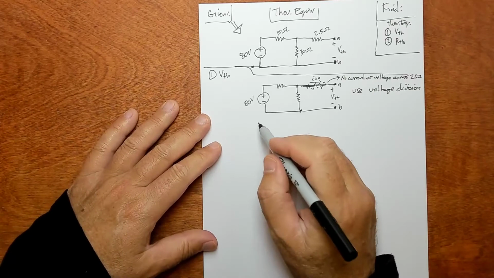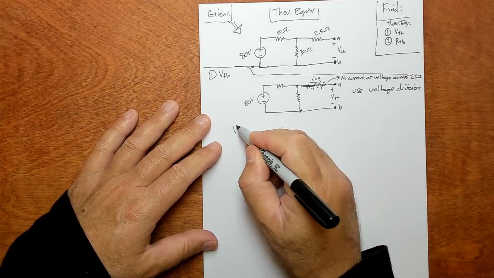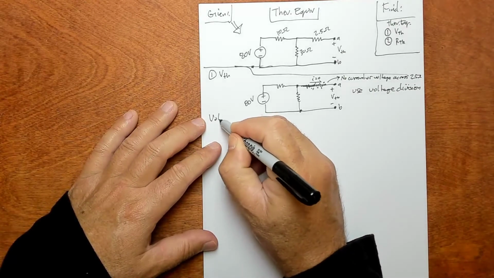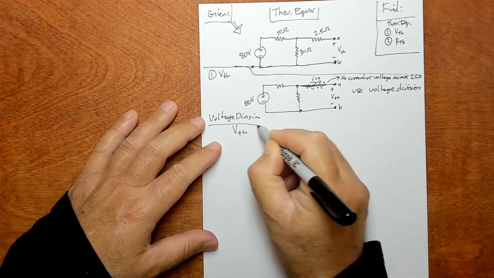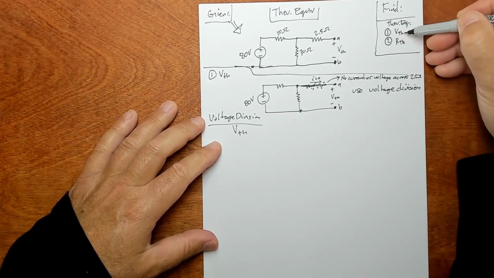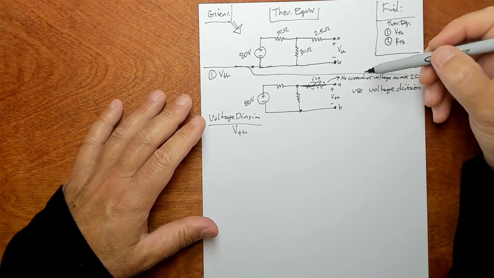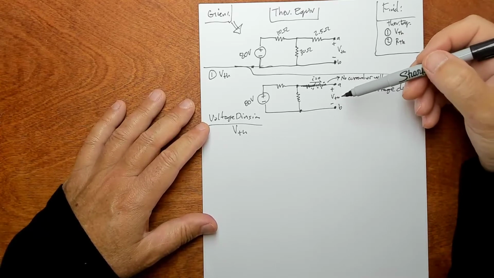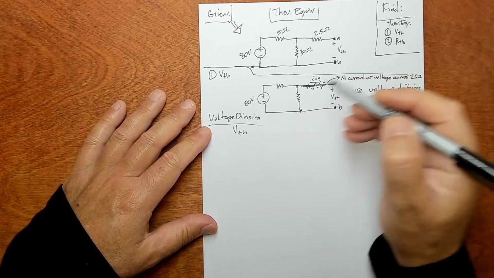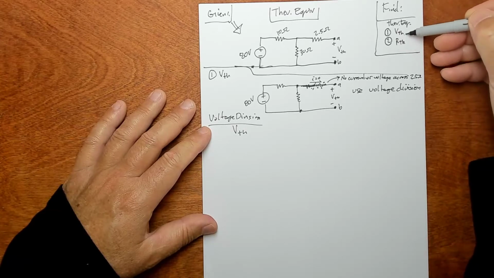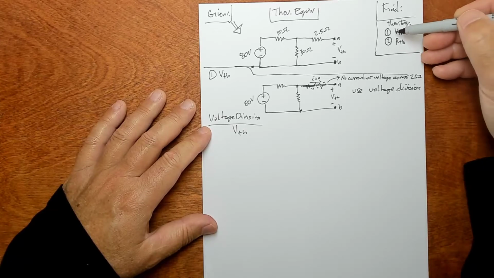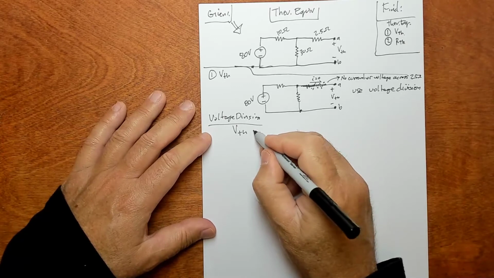V sub Thevenin is given by voltage division for this particular problem. We're doing step 1 here, solving for V sub Thevenin, and it just so happens that voltage division works for this problem. Generally speaking, you still have the 2 steps, but you'll use different methodology for each. So here voltage division works.